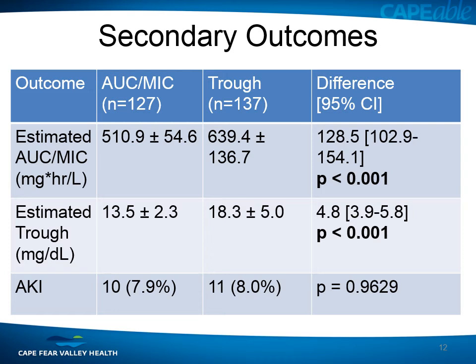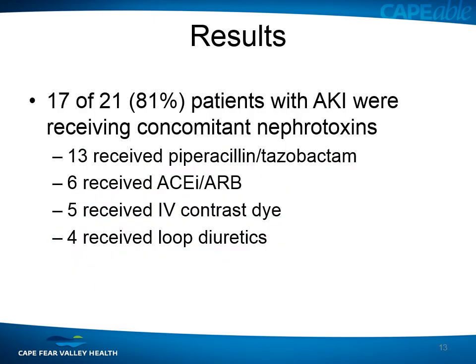The results of AKI were similar between the two groups, with 10 patients in the AUC to MIC group and 11 patients in the trough-based group having an AKI. However, 17 of the 21 patients who developed AKI were receiving concomitant nephrotoxins as listed below, so that is something to consider.